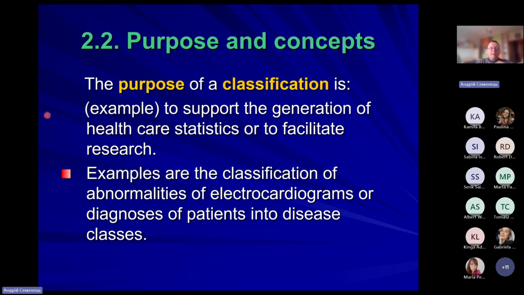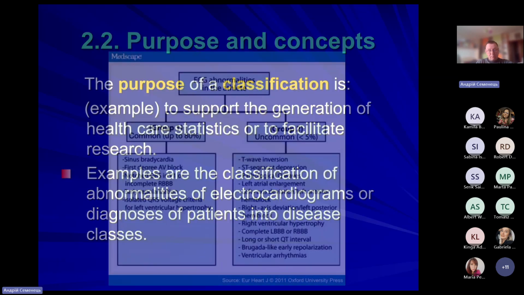So the purpose of classification is, for example, to support the generation of healthcare statistics or for research. If we talk about, let's say, a medical classification system, examples could be classification of abnormalities of ECG or diagnosis of a patient into disease classes and so on.